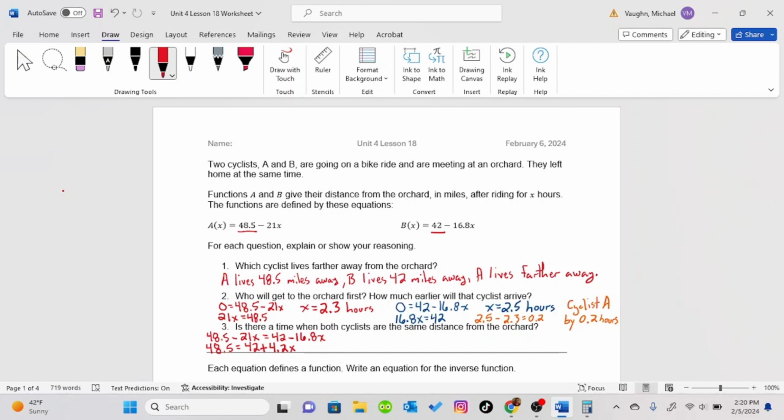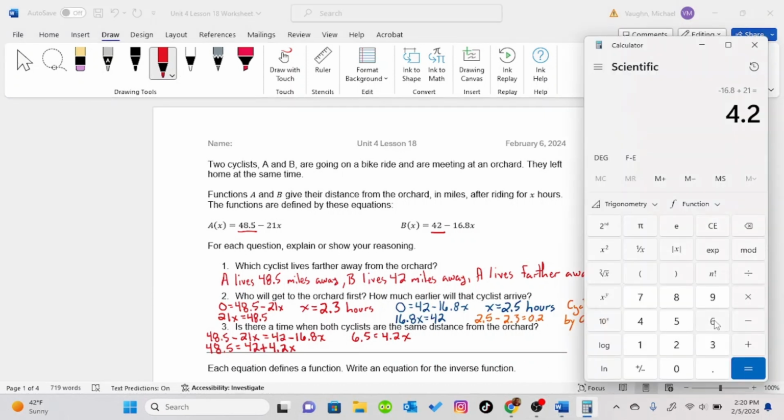Now I'm going to subtract 42 from each side. So 48.5 minus 42 is 6.5, and that equals 4.2x. And finally, to get x by itself, I'm going to divide both sides by 4.2. So 6.5 divided by 4.2 equals approximately 1.5.